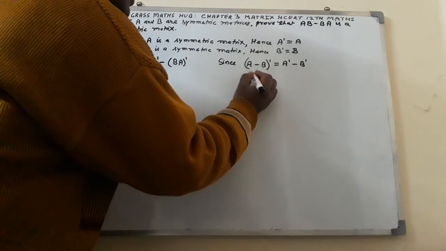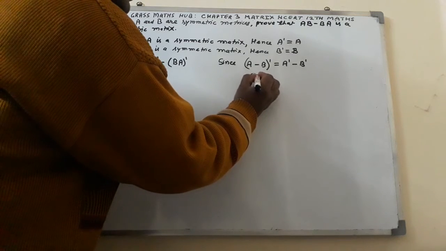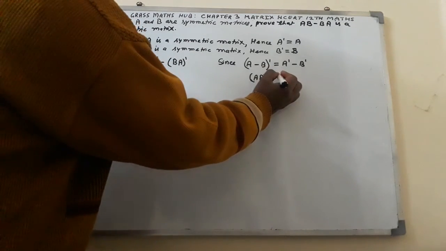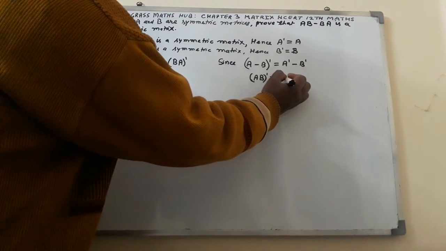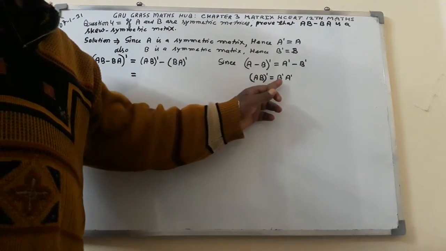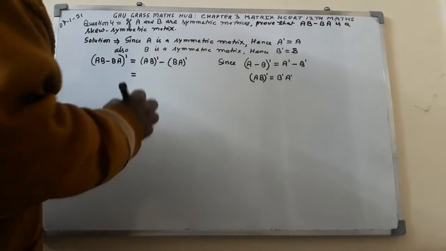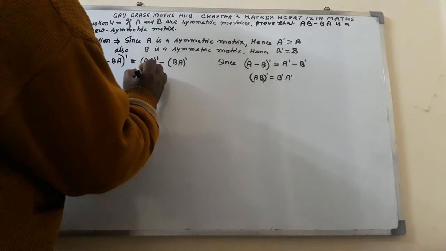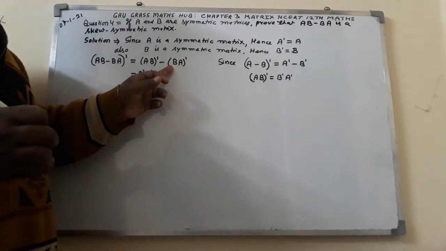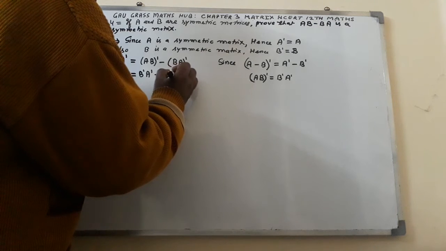So this is the formula: the transpose of matrix AB is equal to the transpose of matrix B dot the transpose of matrix A. In this way, we can write very well: transpose of matrix B dot transpose of matrix A minus the transpose of the matrix BA comes out to be transpose of matrix A dot transpose of matrix B.